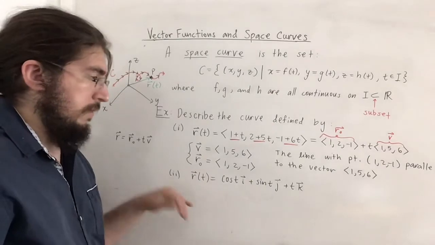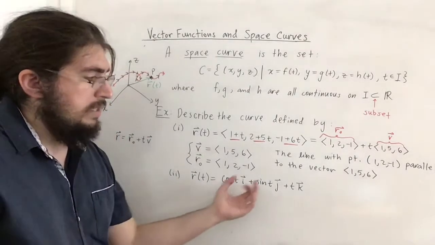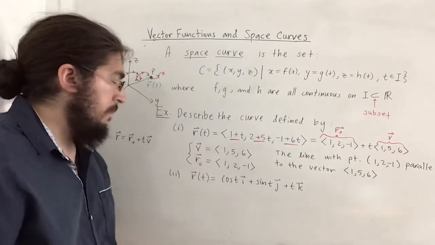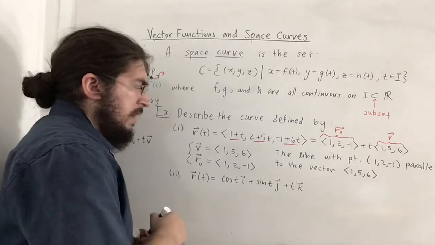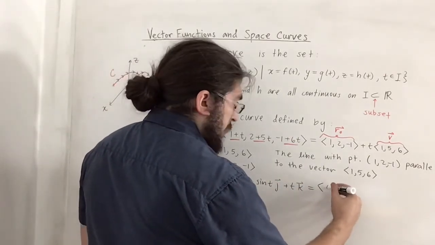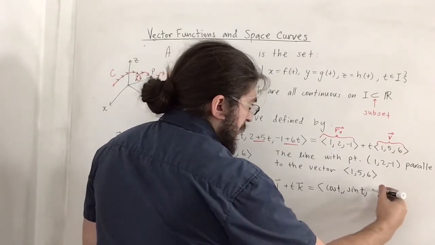This next one I will, though. Notice this is in ijk notation, not in component form. We could write it in component form if you want. It doesn't take too much effort, so let me show that. This is just the vector whose components are cosine of t, sine of t, and t.